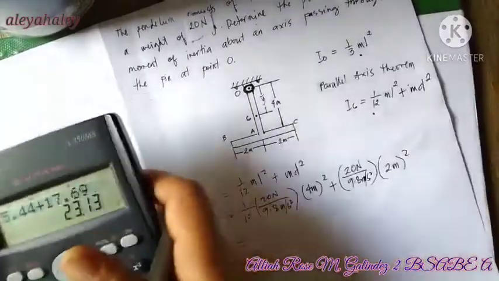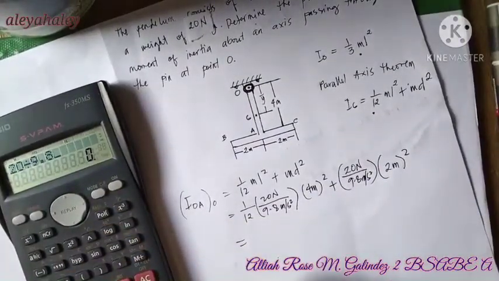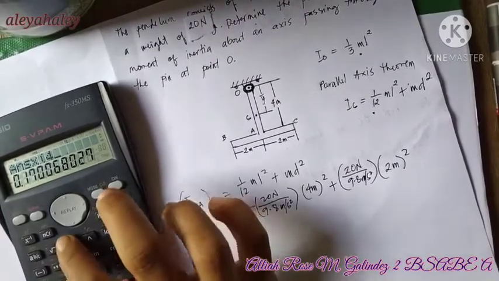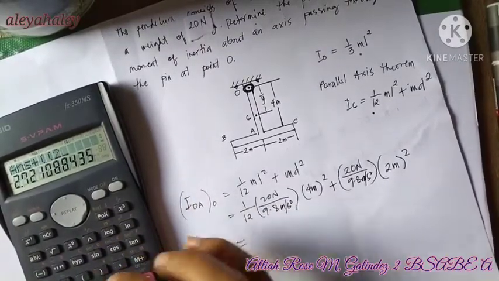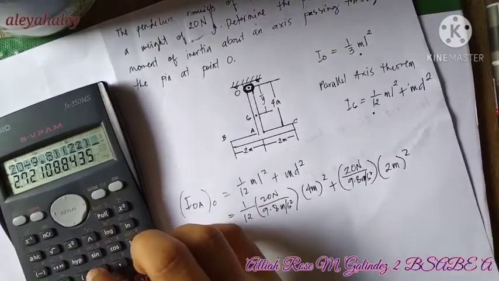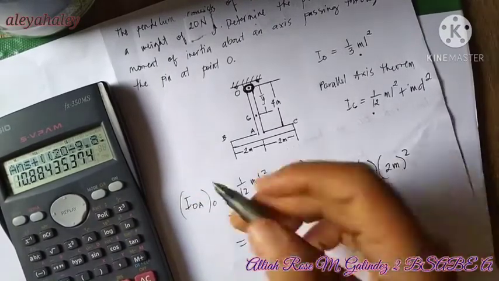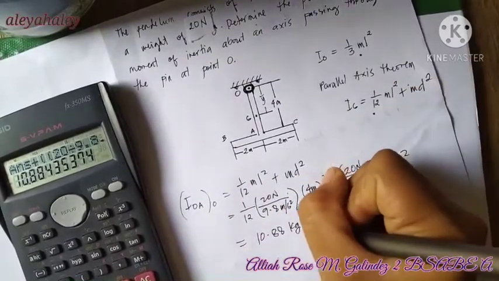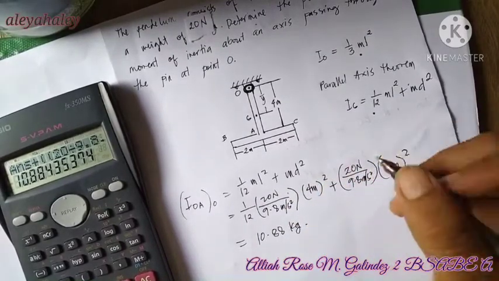We calculate using the calculator: 20 divided by 9.8 divided by 12 times 4 squared plus 20 divided by 9.8 times the 2 meters squared. You have 10.88 kilogram meters squared.